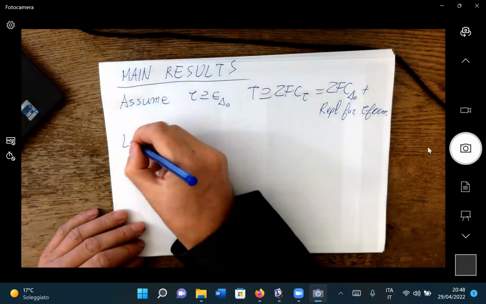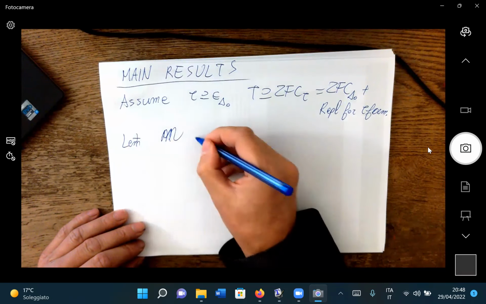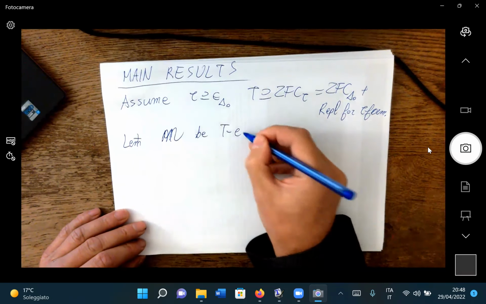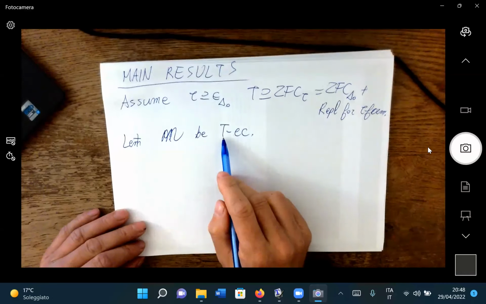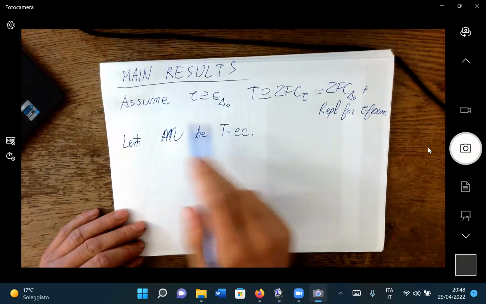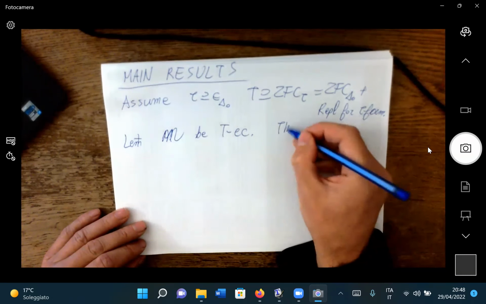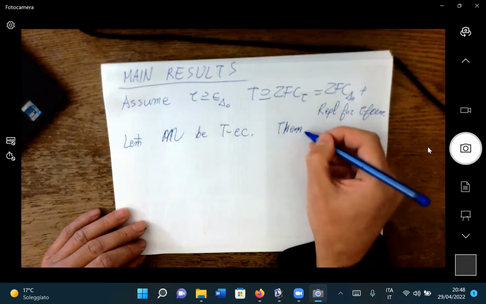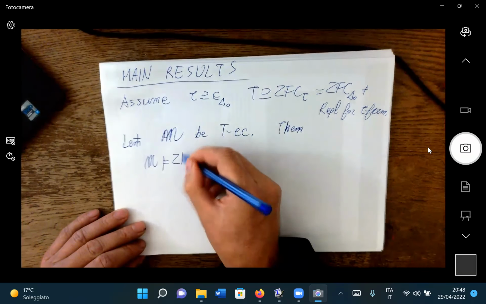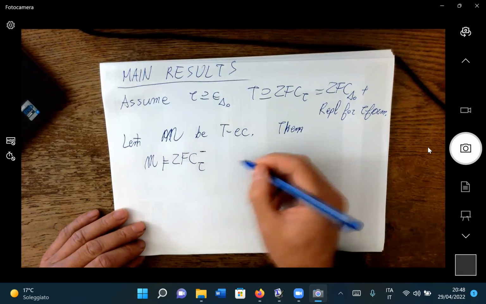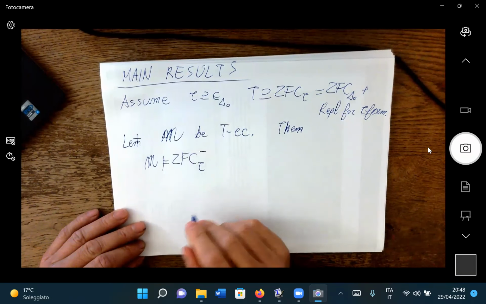Okay, let M be TEC. Okay, we take a model which is a tau structure which is T existentially closed. Then, is it a strange structure? No, it is a model of ZFC tau minus. So it is a model of everything except the power set axiom. Okay.